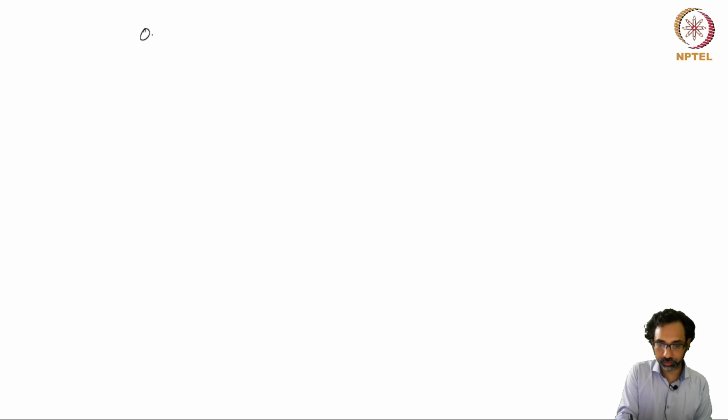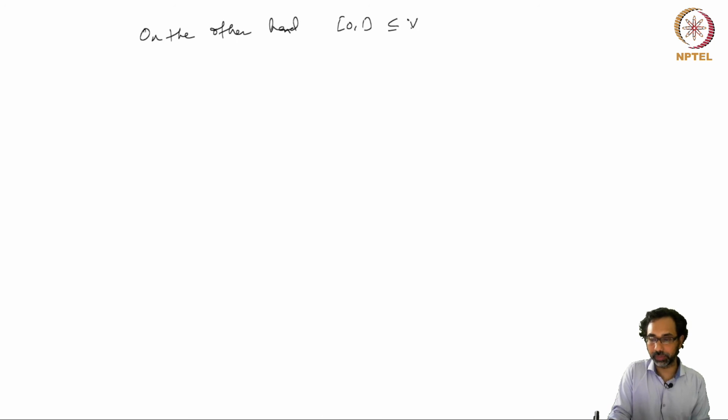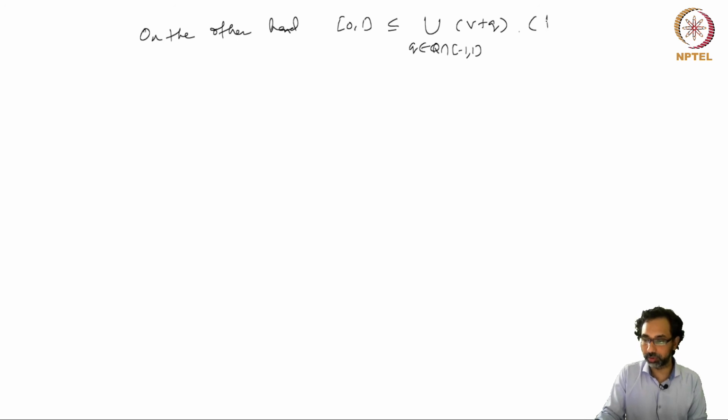On the other hand, we have that [0, 1] is contained inside this union over q in [-1, 1] of V plus q. This is due to property 1 above, and this is a disjoint collection due to property 2 above.